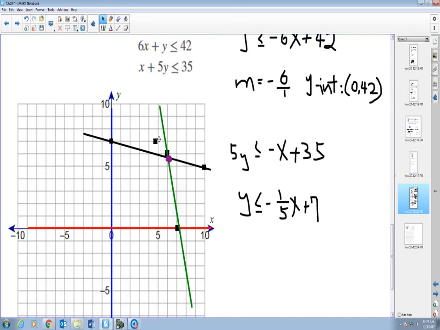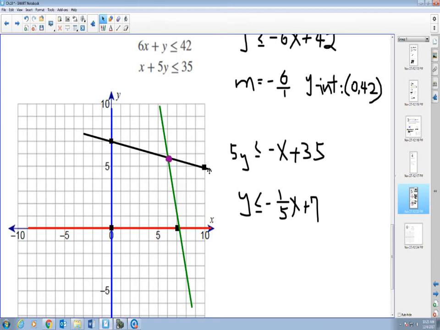Alright, so let me take this point away. Let me take this point away. Okay, I'm taking away because what I'm interested in is really the intersection between all these lines.